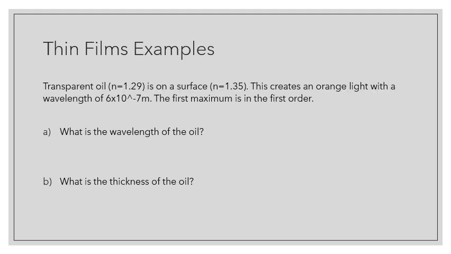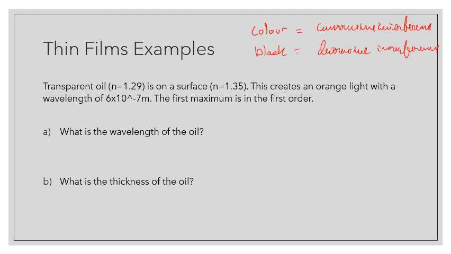So before we start, I just want to note that when there's constructive interference, colors appear. So colors equal constructive interference. While when you see black or some other type of obstruction in the color, that is destructive interference.